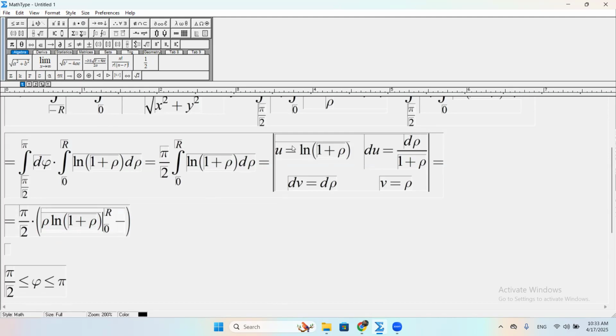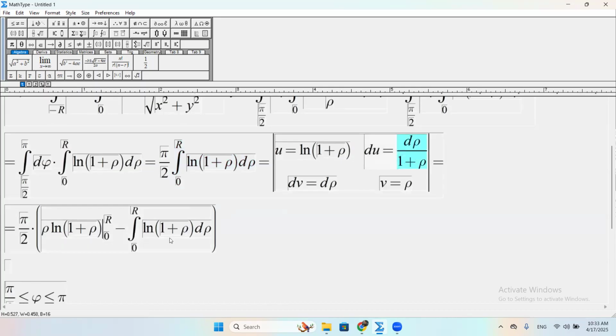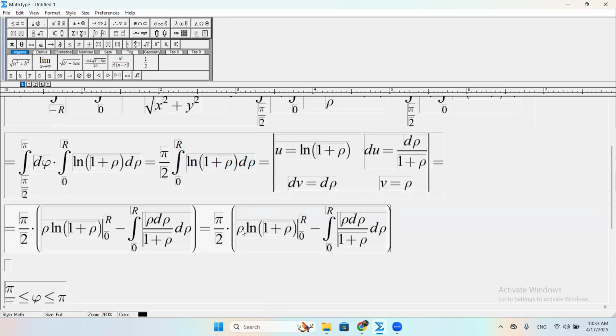Let me copy and paste, and after that correct. So here what do we have? r plus logarithm of 1 plus rho. Let's rewrite it. If I substitute 0, it will turn to 0. But if I substitute r, I have the following expression.